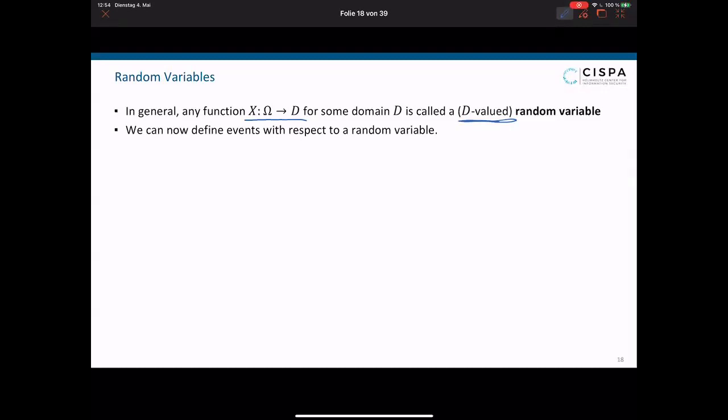So this function induces several events, namely for every x in this set D, we're going to define events E_x, which correspond to the pre-image of this x under this function X. So what does that mean? Let's maybe draw this, right?